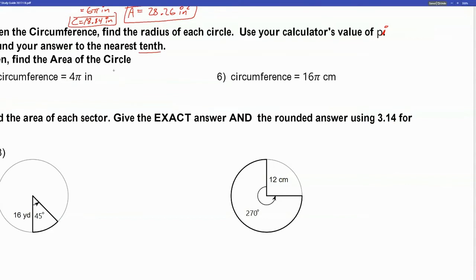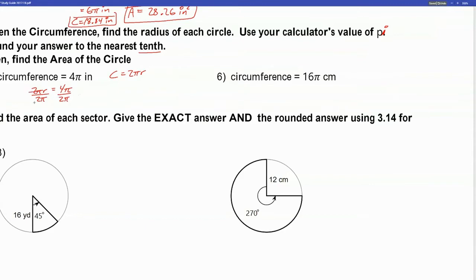Remember circumference equals 2 pi r. If they tell us that the circumference, which is 2 pi r, is 4 pi, well, let's just solve for r. Let's isolate the variable. How do we get rid of multiplying by 2 pi? You divide. Do one side, do the other.